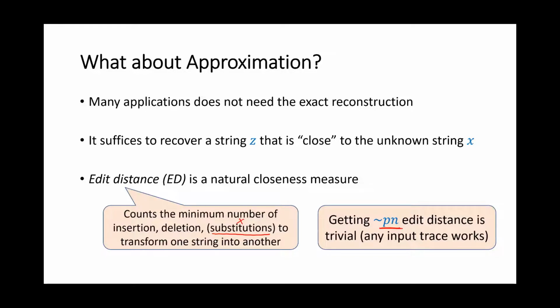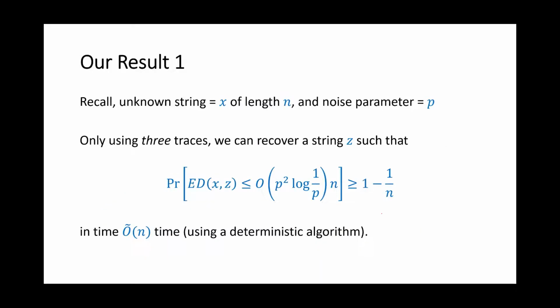So roughly pn many edits will happen. There will be some 1 plus delta term involved here, but we will ignore that throughout this whole talk. So now the natural question is, can we do something better? Can we reconstruct a string that is much closer than this distance pn?